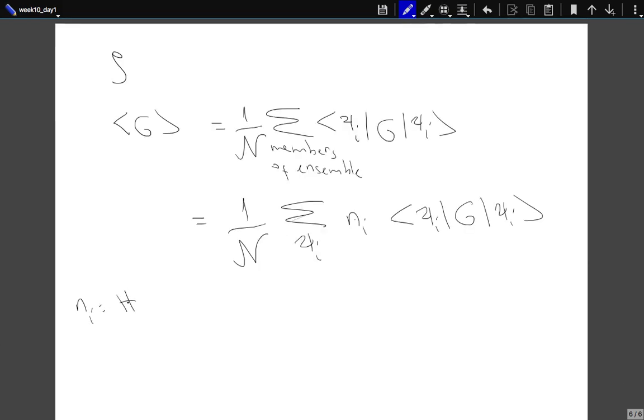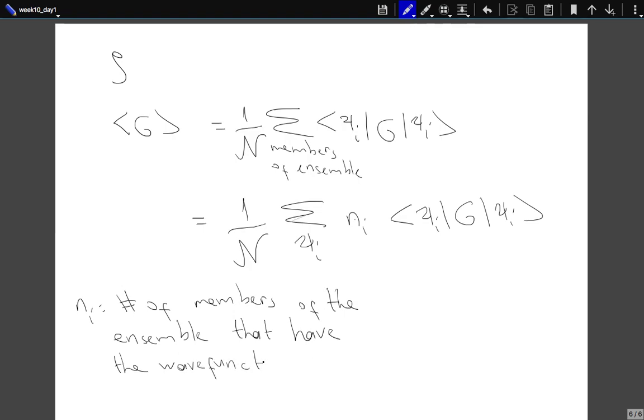Ni is the number of members of the ensemble that have the wave function psi I. All of their contribution is the same, so we just sum their contribution.